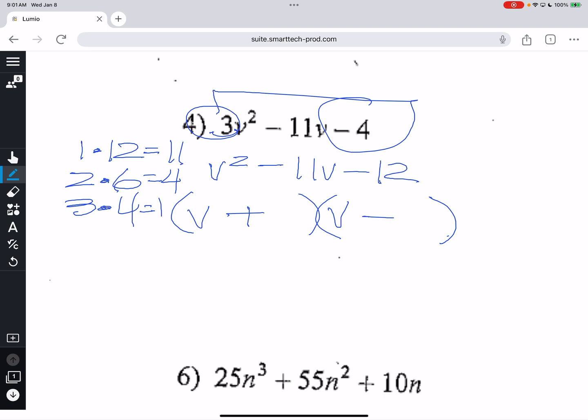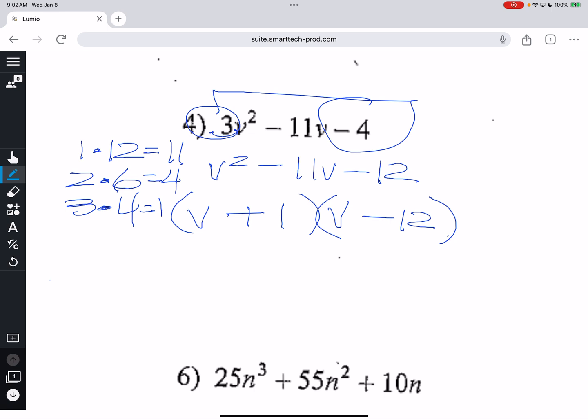So which number takes the negative, the 1 or the 12? We need the larger number to be negative. So far, so good. So you can do this on any problem? Yep, but we're not through.